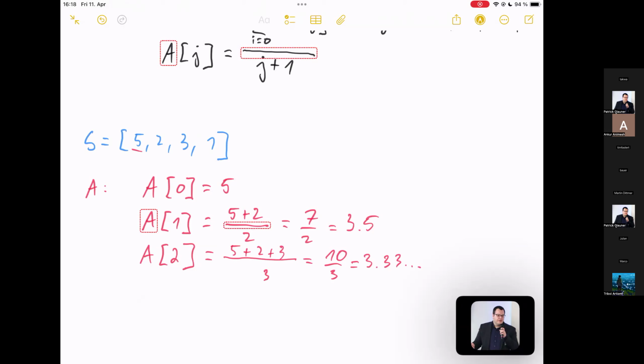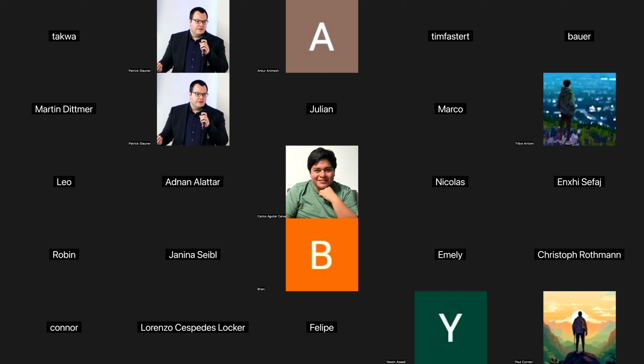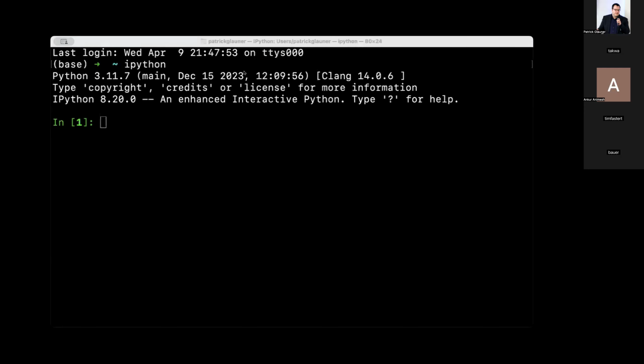What we want to do now is we want to implement this, come up with an algorithm, and then see what its complexity could be. And we will start with a very naive implementation of the prefix averages. So we will call this prefix averages 1.